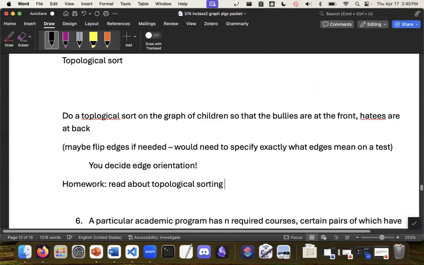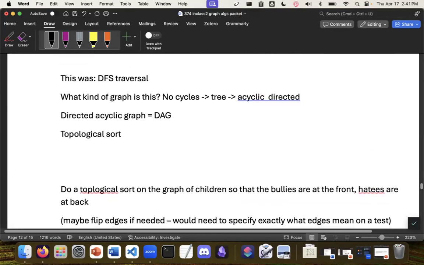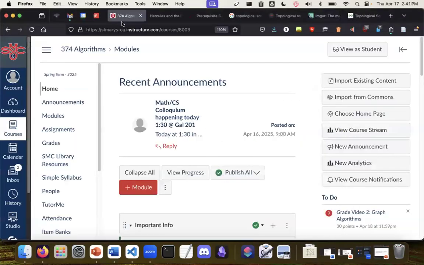So your homework is to go and read about that and compare it to the method that we came up with. See what the difference is. How is it different? Is there anything wrong with what we did? Go and look that up. This document will be uploaded to Canvas maybe 5:30 or so. Let me show you where it'll live.